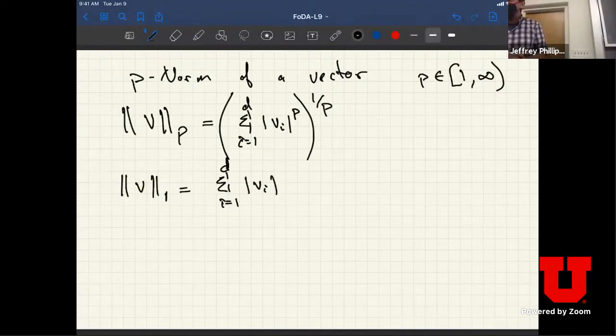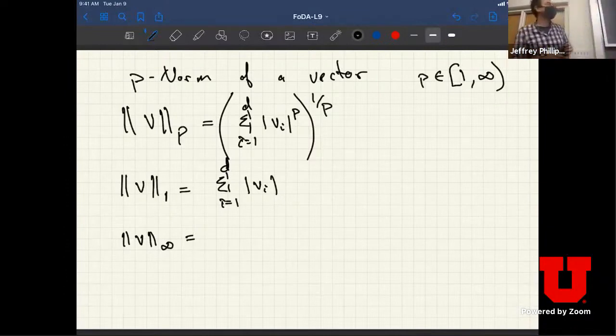Let me write out one other common one, and then we'll look at some simple examples to make it clear. The L_p norm with P equals infinity, what's called the L infinity norm. Remember, this was not defined for P equals infinity, although this is kind of the case if I took P to the limit.